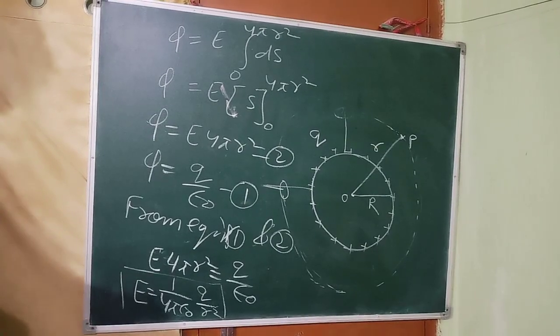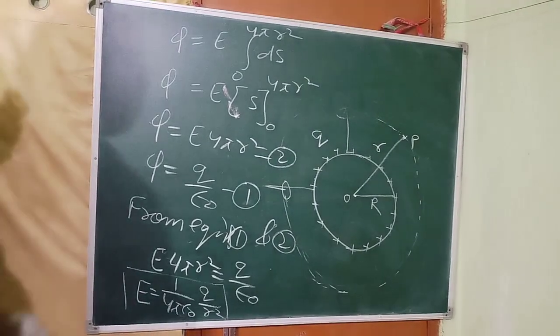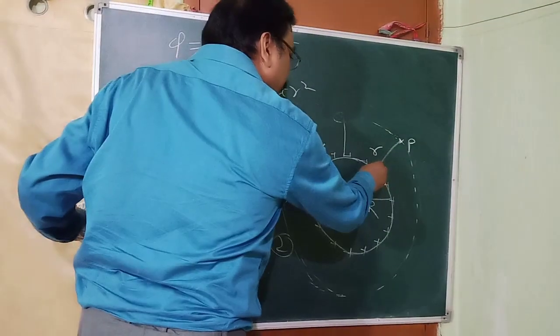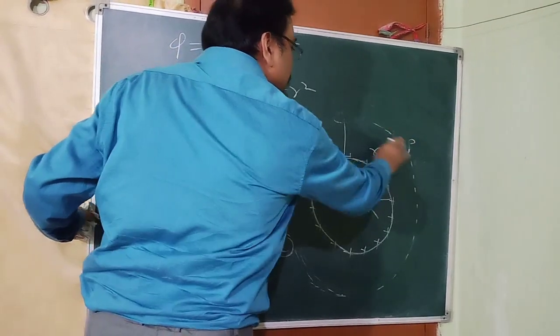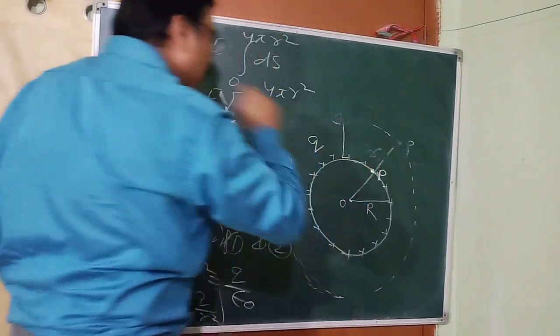Now the second case. Suppose we want to find the electric field intensity at the surface of this. Instead of this, we have taken the point P here, then what will happen?